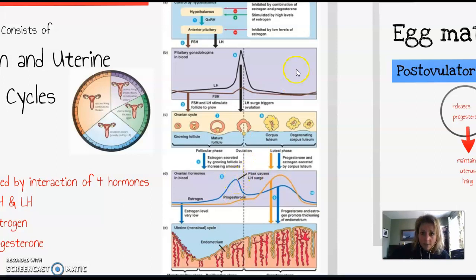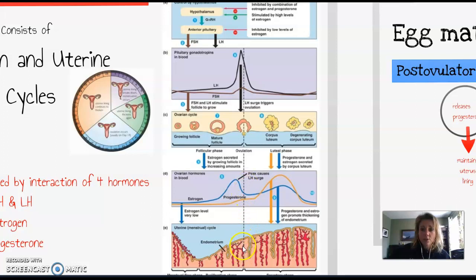I'm going to come back up here to the top because high levels of estrogen are going to stimulate the hypothalamus to release a burst of GnRH, and that causes a burst of LH called the LH surge. That's what we're looking at here by this black line reaching its peak. That's going to cause ovulation, and that's what's happening here at this dotted line.